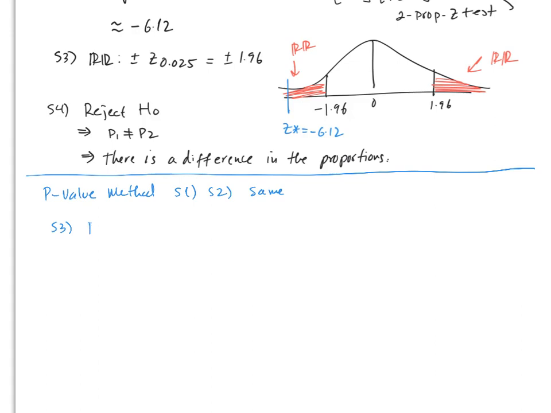Step 3, the p-value will be twice, because it's 2 tails, the probability that Z is greater than the absolute value Z star. That's 2 times the probability that Z is greater than 6.12. If you use the calculator, this will be 2 times normalcdf(6.12, 1000), which will give you a pretty small number.